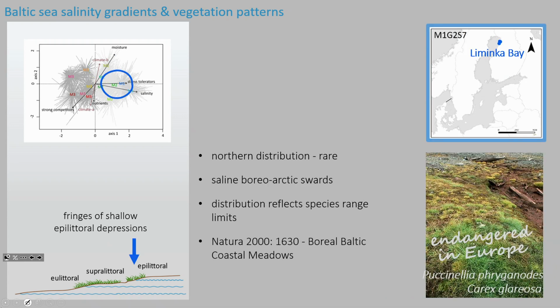But then we also found this type, and it shows exactly what we didn't expect. It is a highly saline type, the second most saline type that we found in the whole data set. It occurs at the very top of the littoral zone, and it's highly saline.